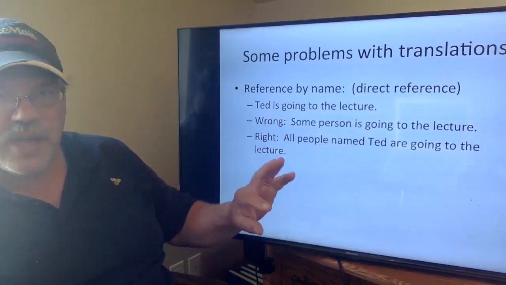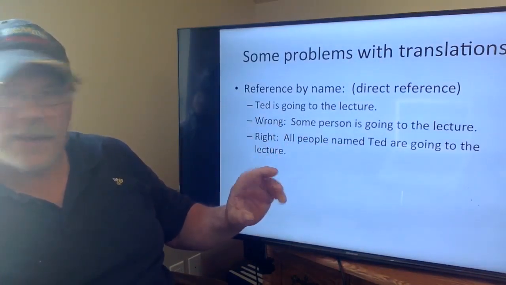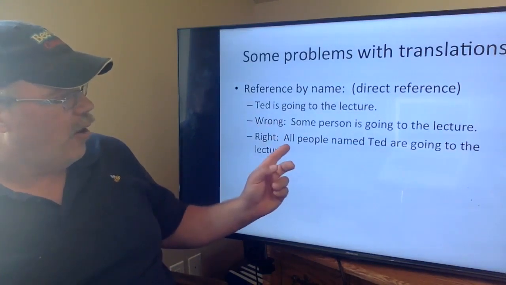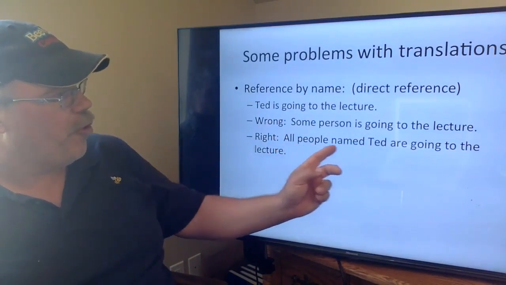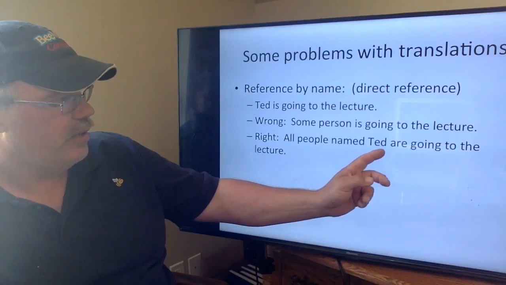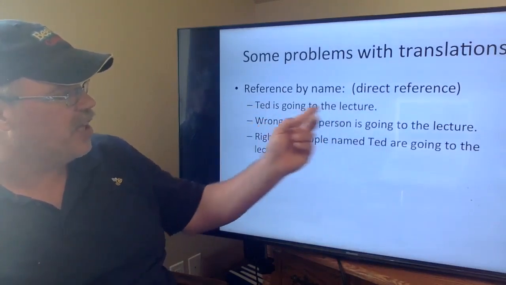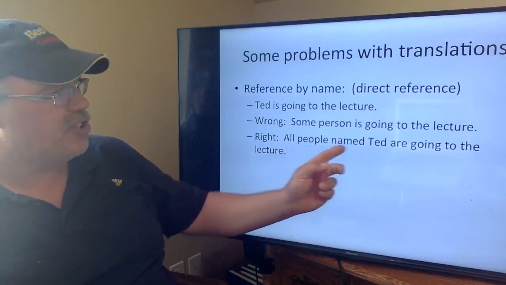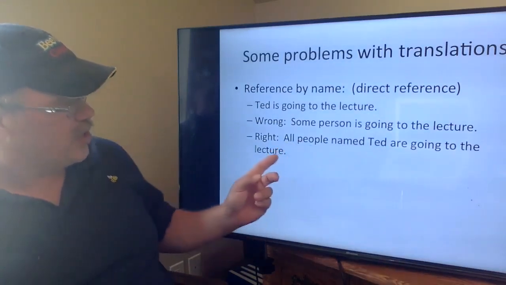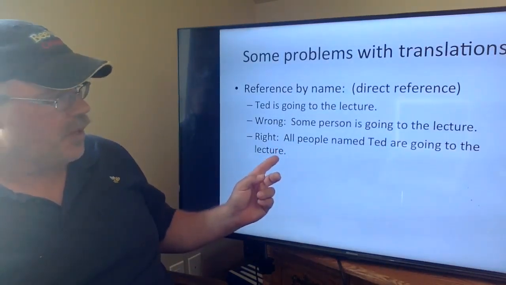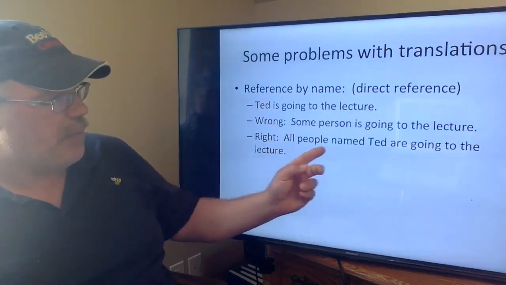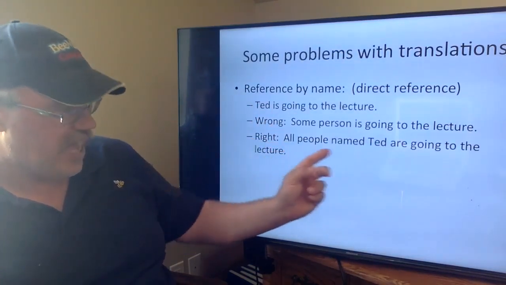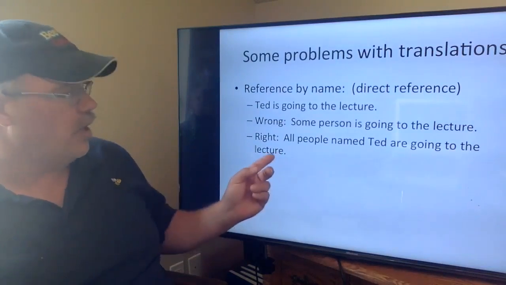Or, if you really want to be clear here, all people referred to as Ted. So you talk about the reference given in the original statement. All referenced Teds are going to the lecture. But typically we would do this: all people named Ted, or just all Teds, are going to the lecture.